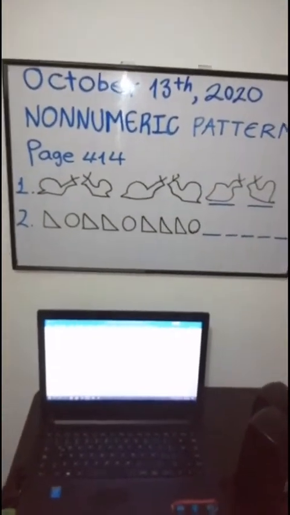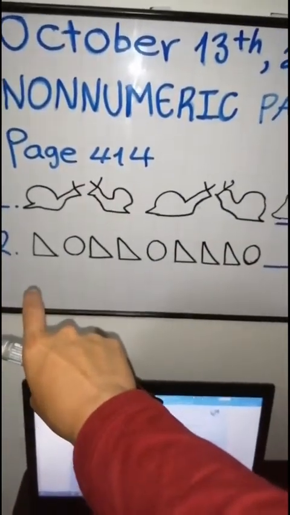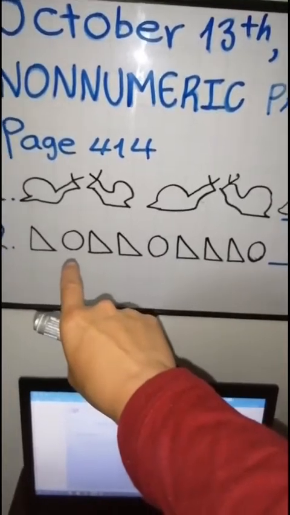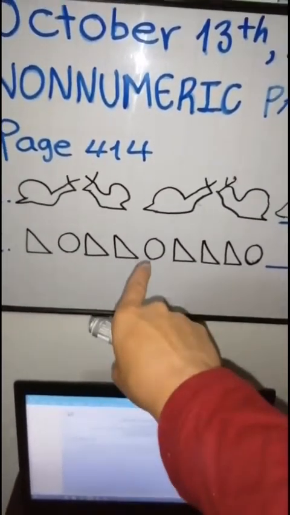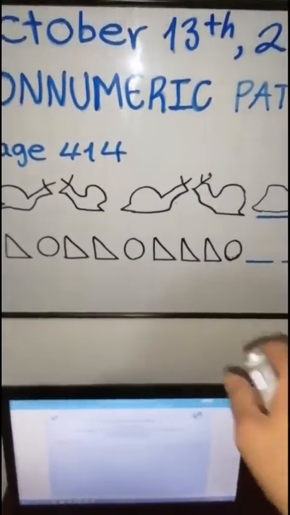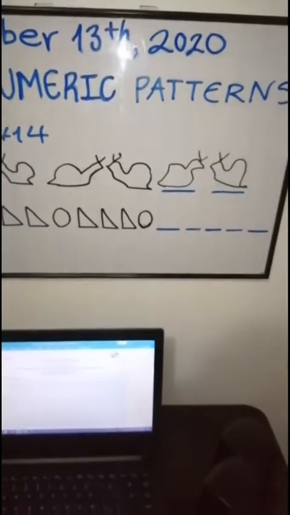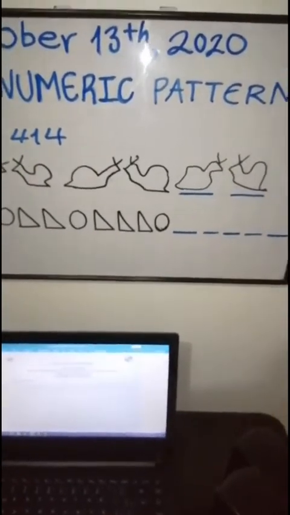Now, exercise number 2. We have one triangle and one circle. 2 triangles, 1 circle. 3 triangles, 1 circle. Now, as you can see, it is a growing pattern because it gets larger.